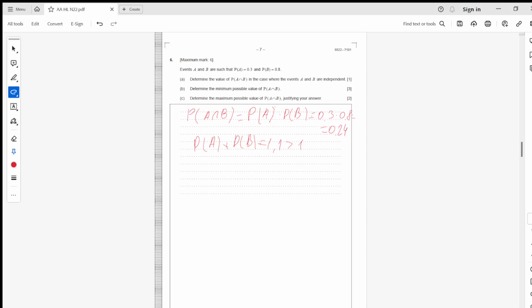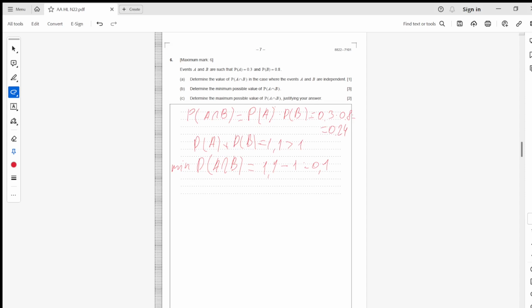So the minimum probability of this event should be at least 1.1 minus 1, which is equal to 0.1.